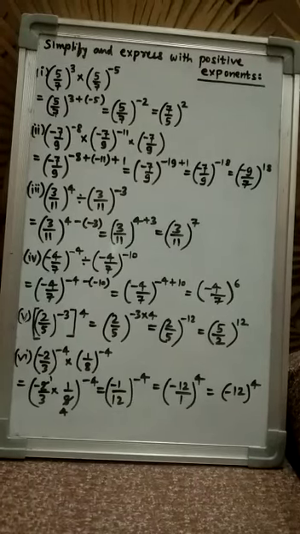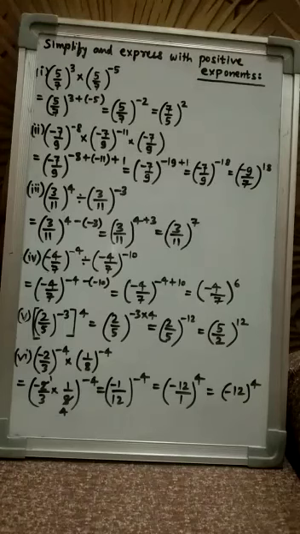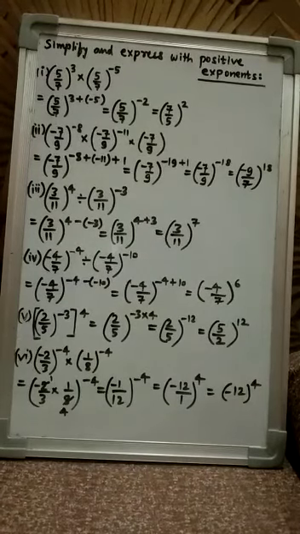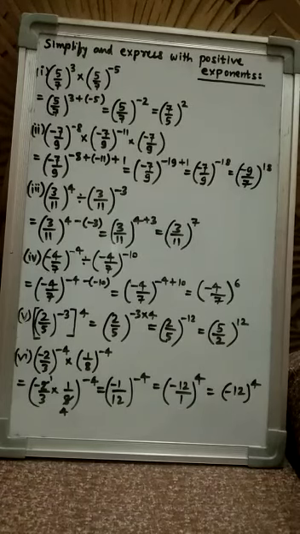Next law of exponent: whenever the base has any power and there is any external power, we will always multiply these two powers. So 2 by 5 raised to the power minus 3 will be multiplied by the outside power, that is 4. So it becomes minus 3 multiplied by 4, minus 12.